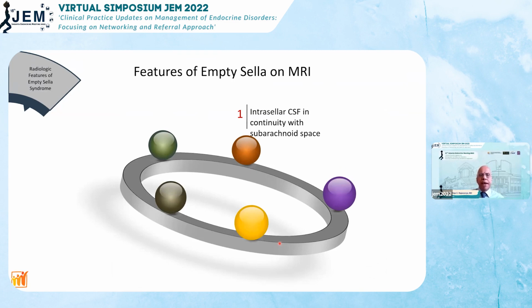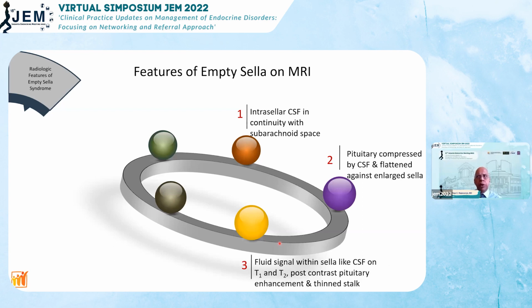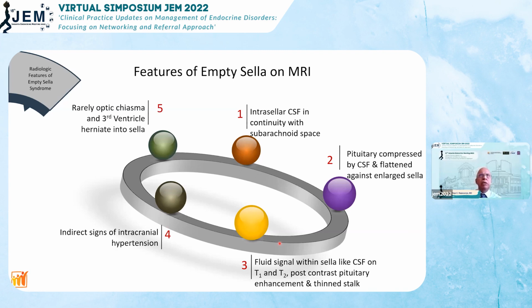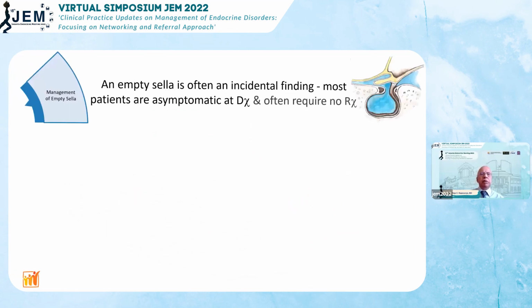Intrasellar CSF in continuity with the subarachnoid space, a compression of the pituitary, fluid signal within the sella that looks like CSF, whether it's T1 or T2. There may be indirect signs of intracranial hypertension, and rarely there may be optic chiasma herniation.